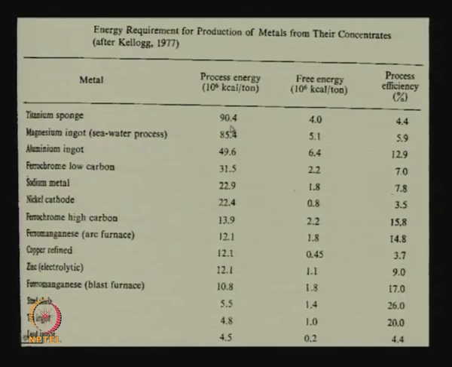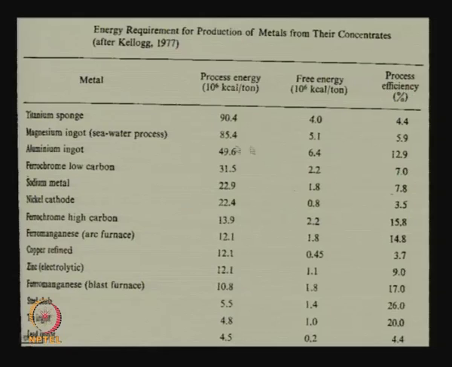Actually, I am leaving aside some very preliminary steps of mining, etc. We are just starting from the concentrate. You see, the free energy for titanium dioxide will be only 4.0, but to make the titanium sponge, we will need so much more energy.